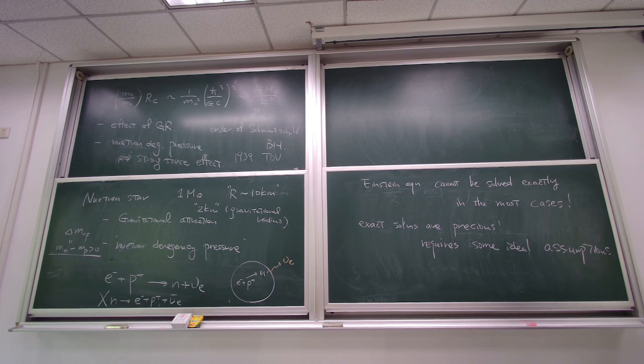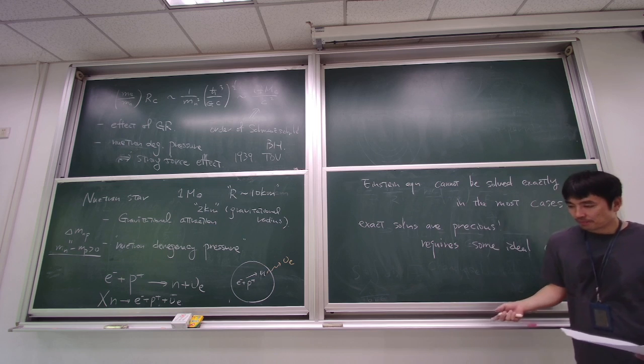Therefore, there is an area called numerical relativity. Nowadays, computers have been developed, so people solve the Einstein equation numerically to understand what is going on physically.